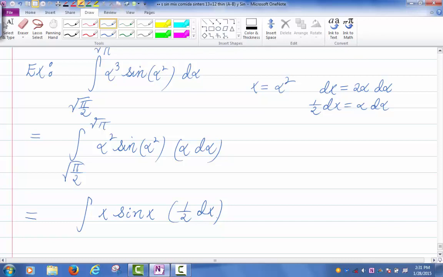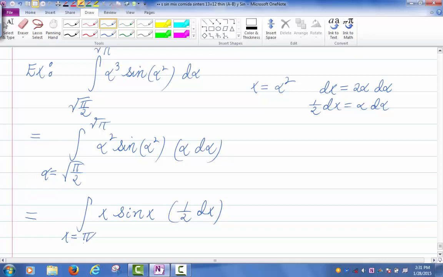Now, when alpha is root pi over 2, what is x? X is the square of alpha, right? So what is x when alpha is root of pi over 2? Yeah, it's just pi over 2.